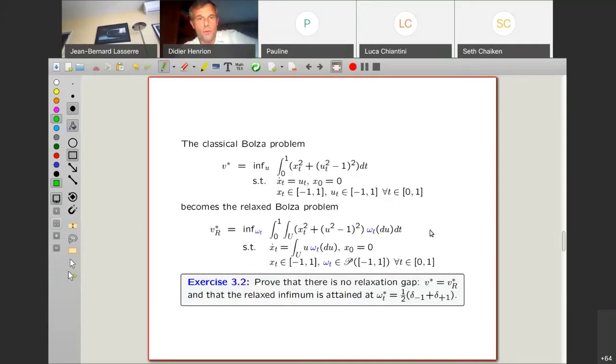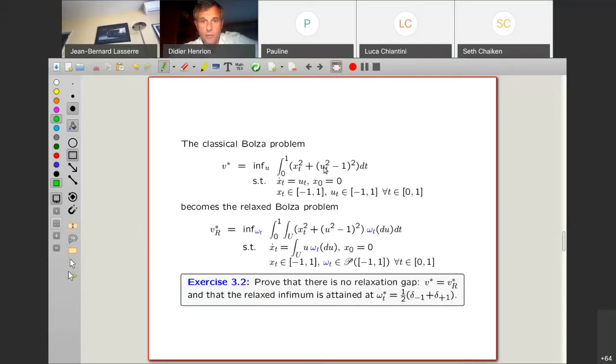So let's see for the classical Boltzmann problem, what is the value of omega? So as I said, instead of plugging a classical control signal here in the optimal control problem, I plug a relaxed control.